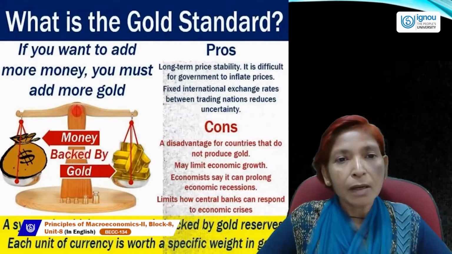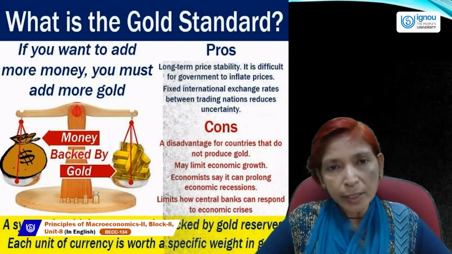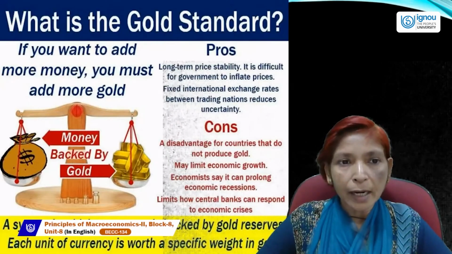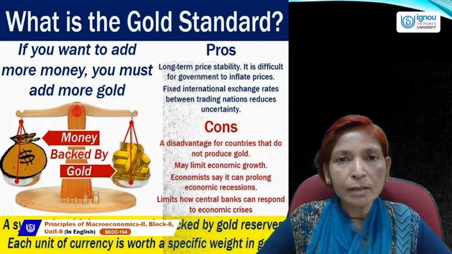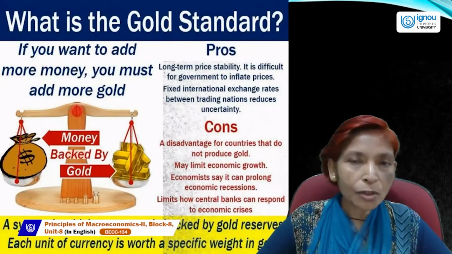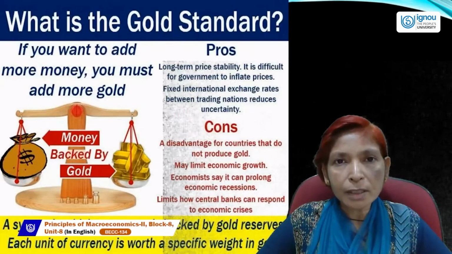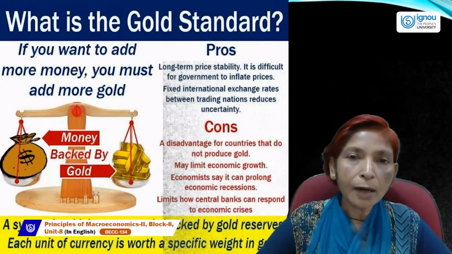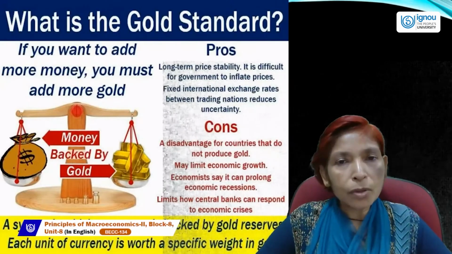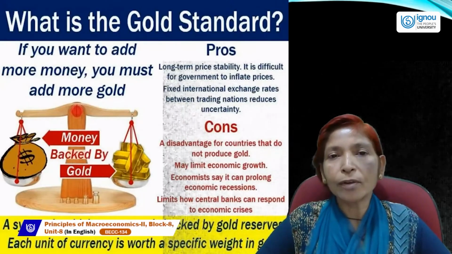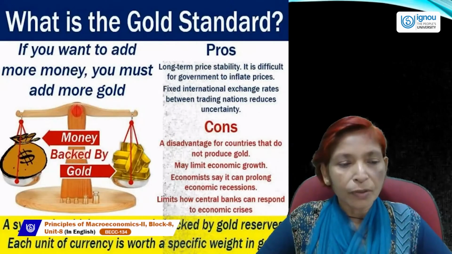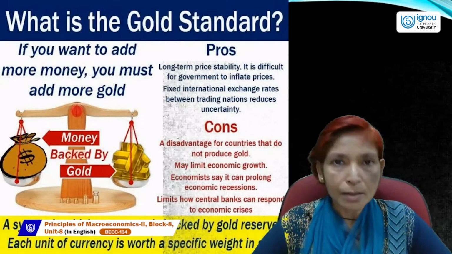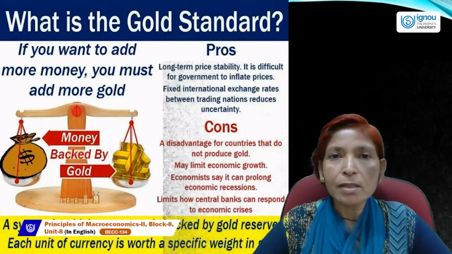It means in the earlier time period, a fixed exchange rate existed, and if you wanted to trade with the rest of the world, first of all you had to convert your country's currency in terms of gold. After that, you could buy goods and services from the rest of the world. So that system was called the gold standard system or fixed exchange rate system.